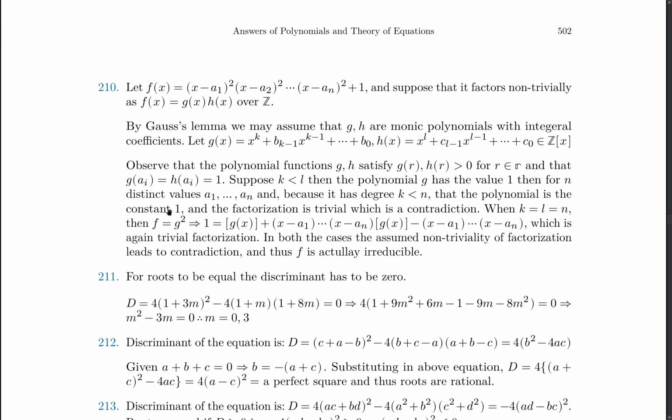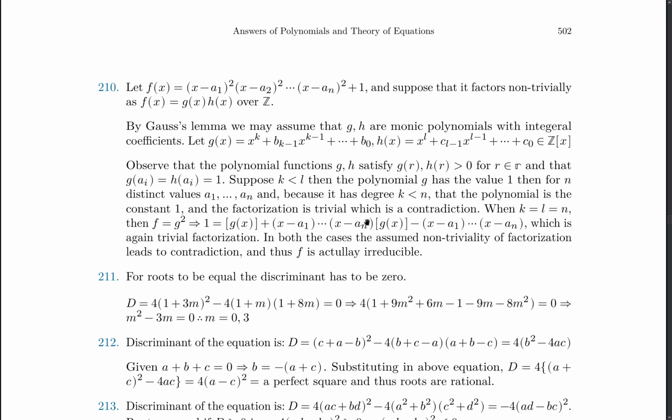When k is equal to l is equal to n, f is equal to g squared, and then we will have g(x) plus (x minus a1) up to (x minus an), g(x) minus, we are basically multiplying. There is something wrong with the sign. Okay.